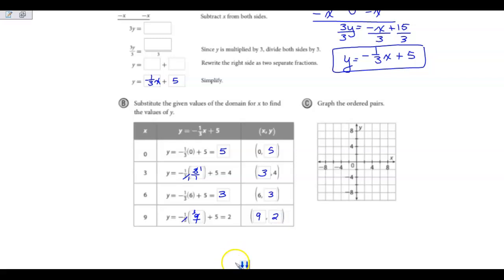And then we're going to graph those. So I have 0, 5. So that'd be about here. 3, 4. 6, 3, and 9, 2.